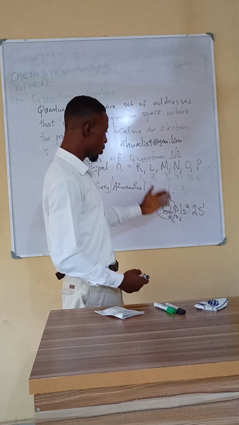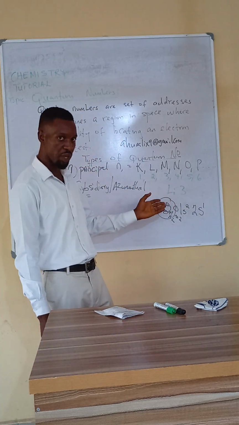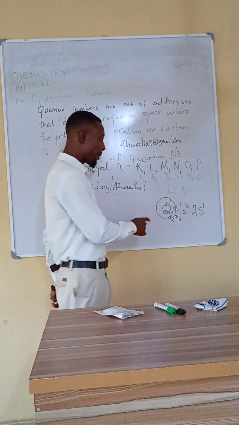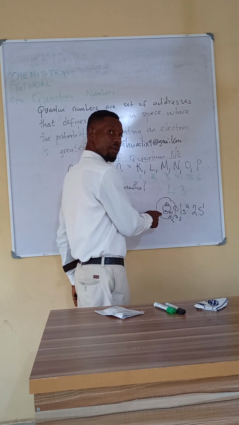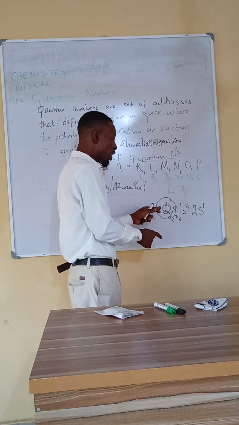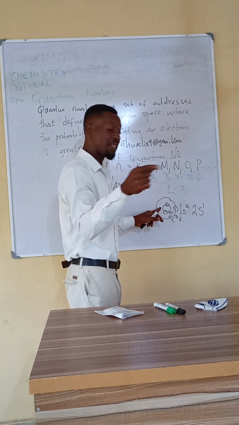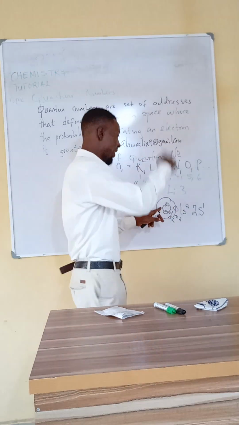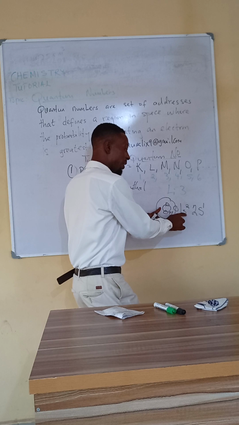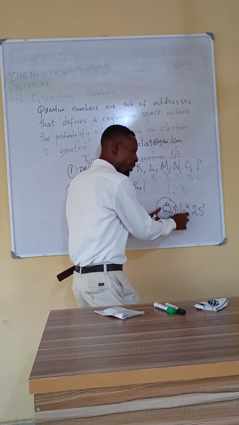For instance, let's look at the electronic configuration of lithium here on the board. If you're talking about the electron in the first shell, it is in the first energy level, but in what orbital? The first energy level has a maximum of just one orbital, which is the s orbital. You cannot see p here.